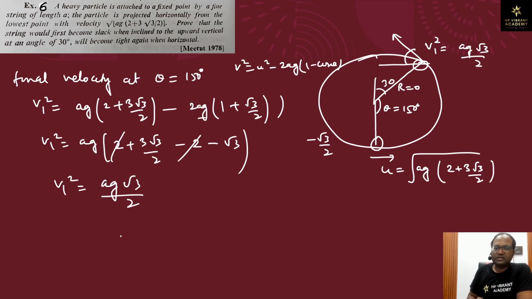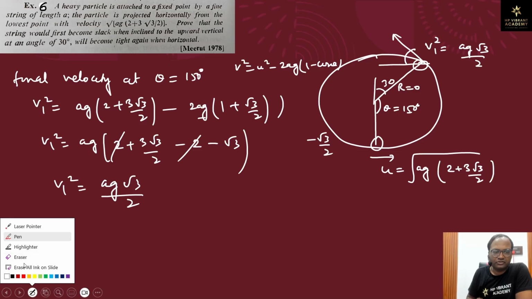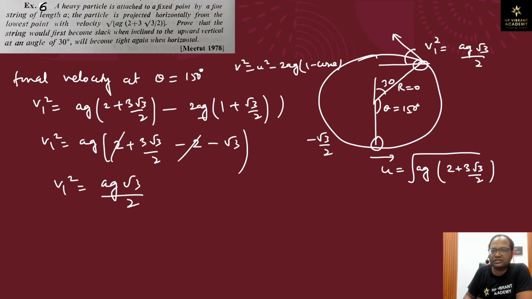So let us find the equation of trajectory. Our trajectory will look like this. This is the horizontal diameter. It will start the parabolic path from this particular point and will hit the horizontal diameter at this particular point. Let us consider this as B and this as C. From point C onwards, it will follow the circular path like this.